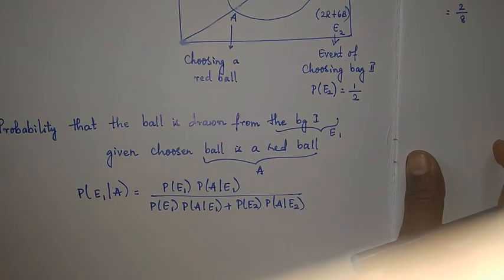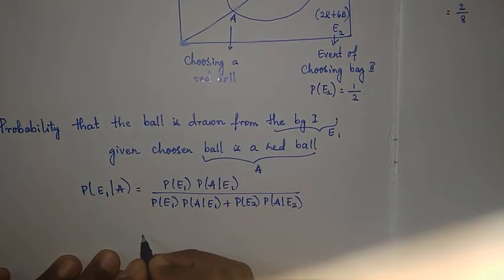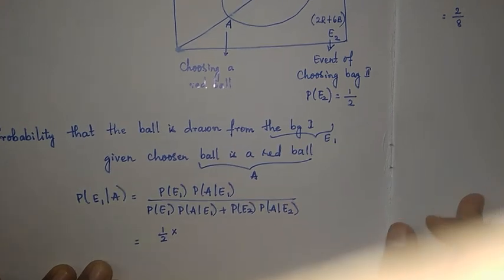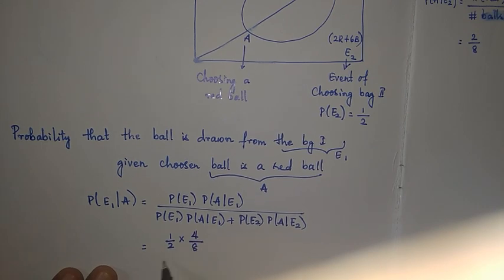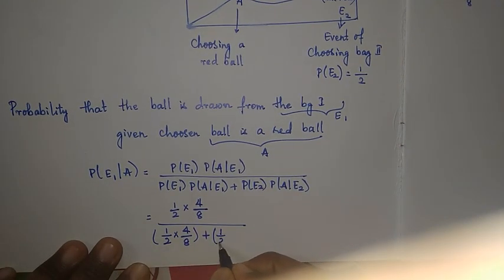Now substitute all these values in this equation. P of E1 is 1 by 2 into P of A given E1 which is 4 by 8, divided by 1 by 2 into 4 by 8 plus 1 by 2 into 2 by 8.